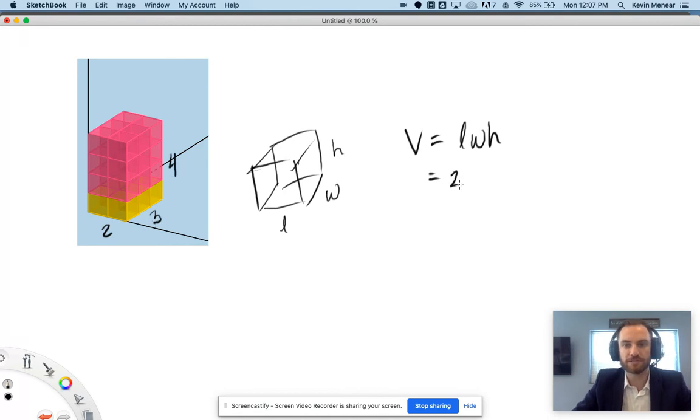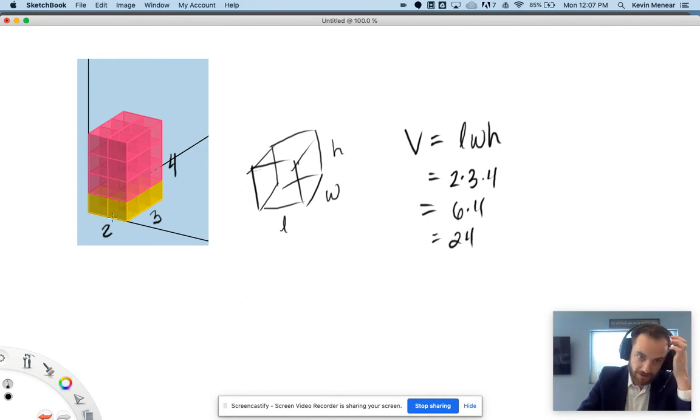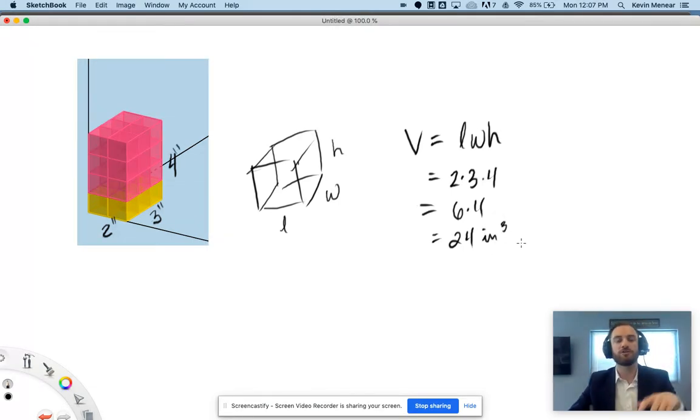So the volume is 2 times 3 times 4, or 6 times 4. 2 times 3 is 6, times 4 is 24. And again, if this was all inches, 2 inches, 3 inches, and 4 inches, then the volume would be 24 cubic inches.